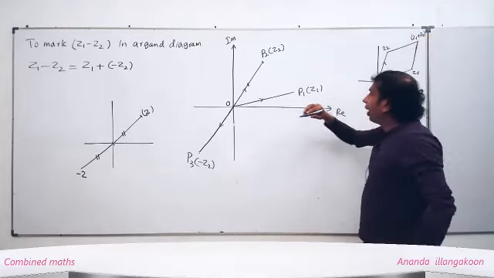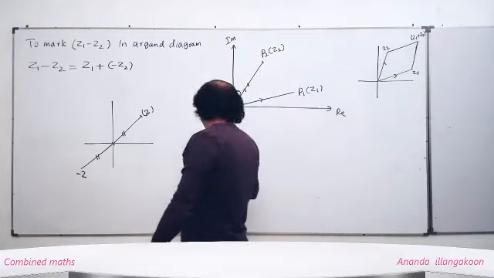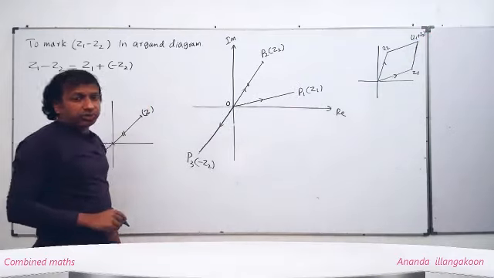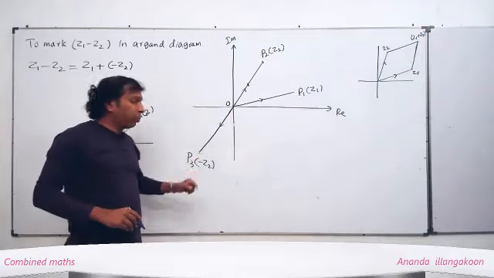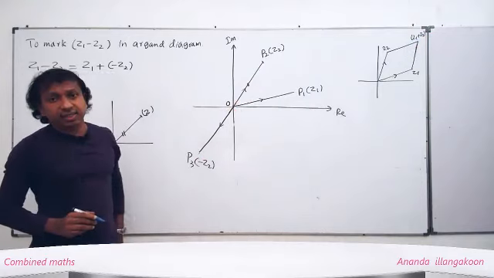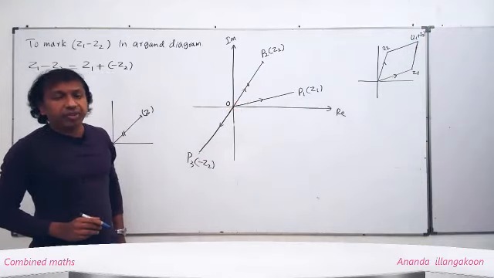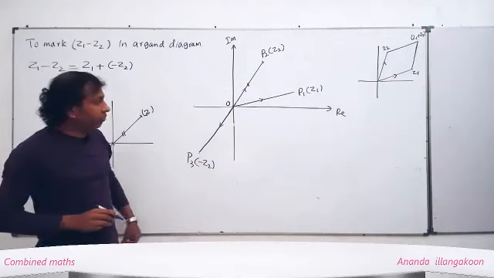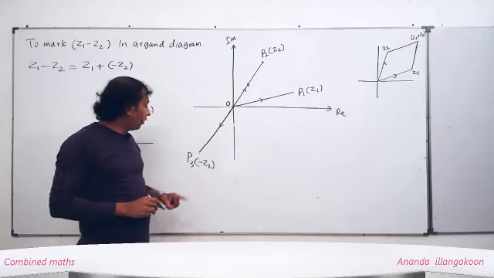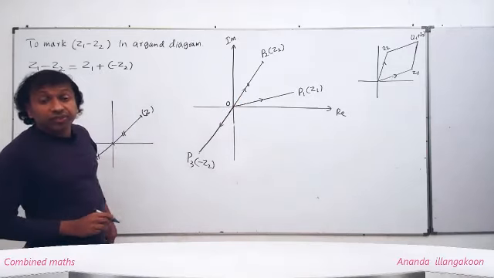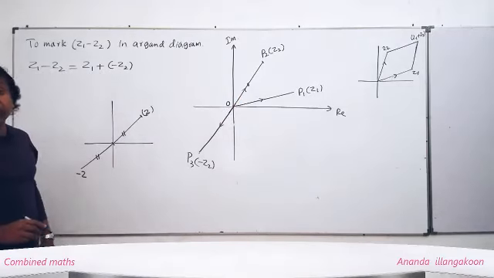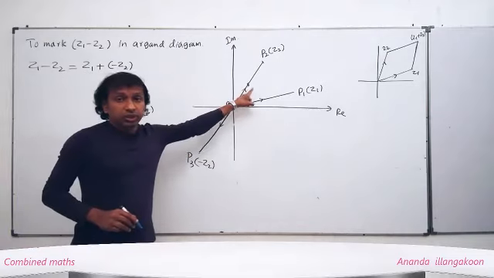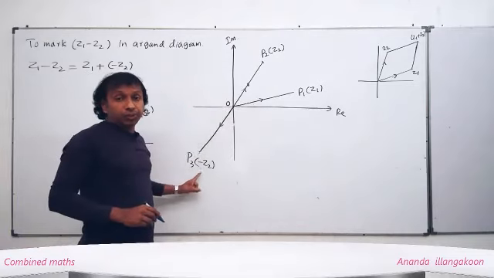Like that, to add Z1 and minus Z2, we take OP1 and OP3 as the adjacent sides of a parallelogram and construct it. Already we have three vertices, O, P1 and P3. The fourth vertex will give the sum of the two complex numbers Z1 and minus Z2.